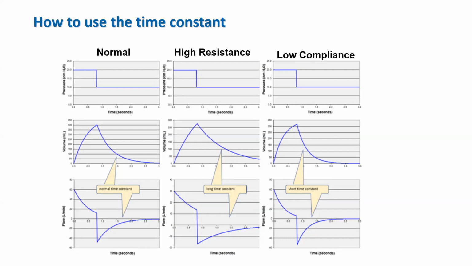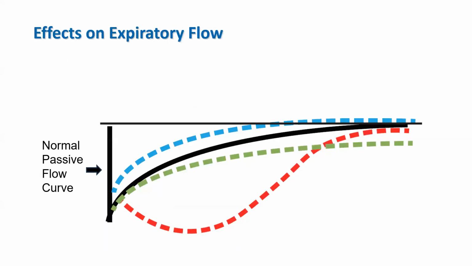High resistance gives you a long time constant, and you can see there's still flow at the end of the expiratory time. So there's going to be some gas trapping. In a situation with a low compliance, now we have a short time constant, and so the flow returns to zero very quickly. So looking at the shape of these curves and describing it in terms of the time constant is a very practical way to describe what's going on with the patient.